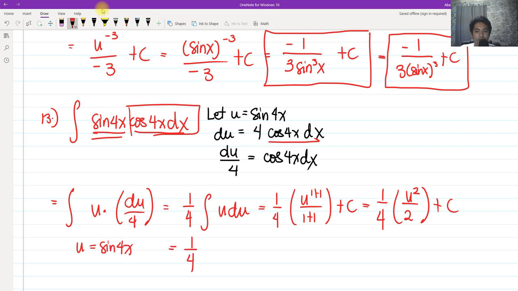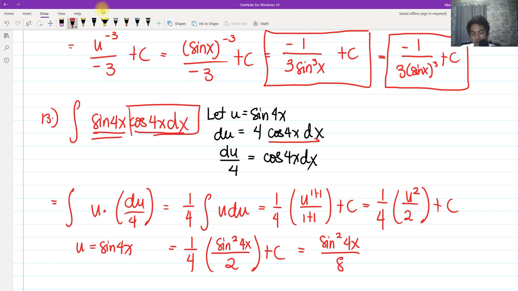So we have 1/4, and then we have sine squared of 4x all over 2 plus c. So, simplifying that, we have sine squared 4x all over 8 plus c.